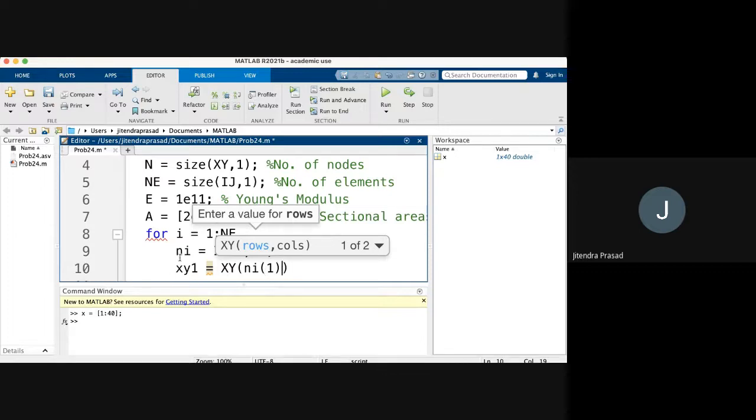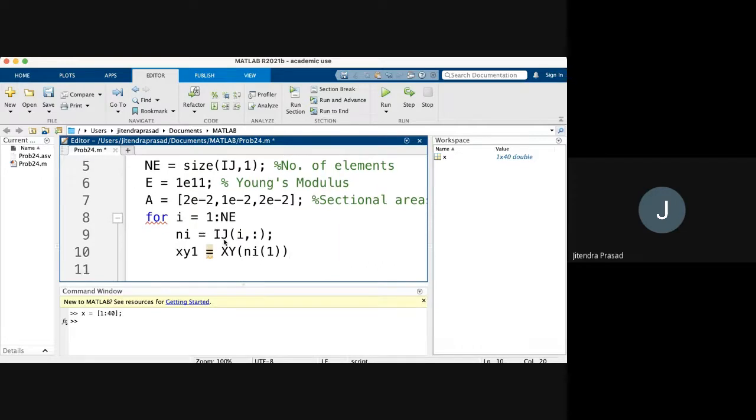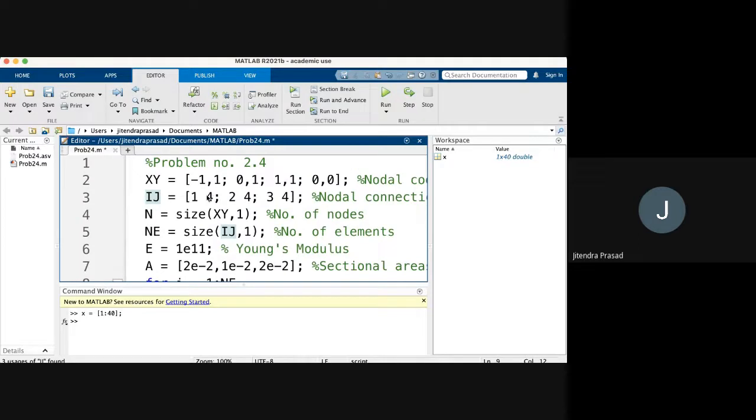So okay, let's do one thing first. Let's complete this first then. Okay, so our xy, so nij, in ij we are extracting this one. So for element number 1, it has node 1 and 4 connected, so we got i4.